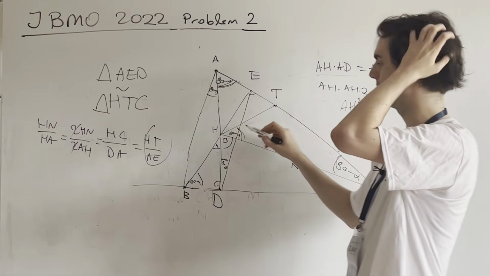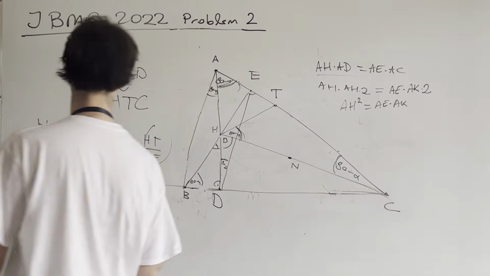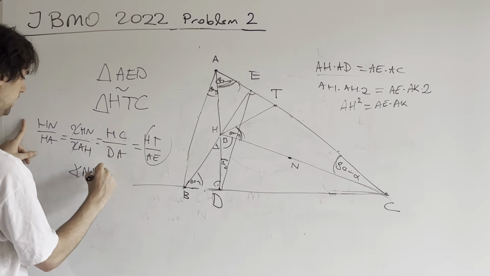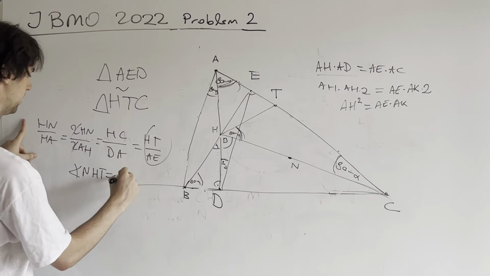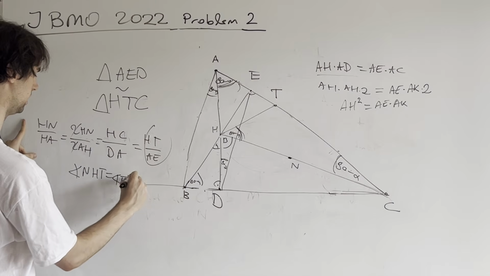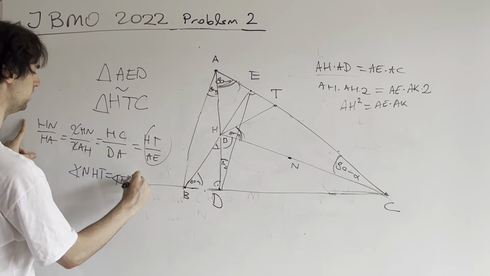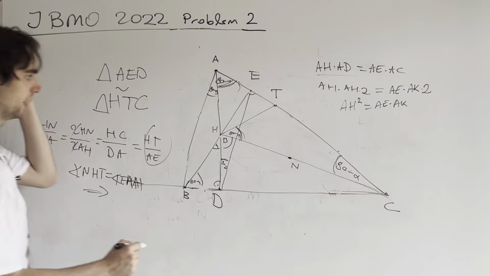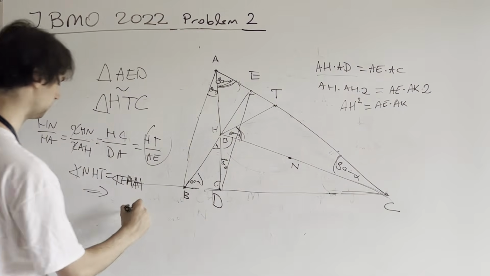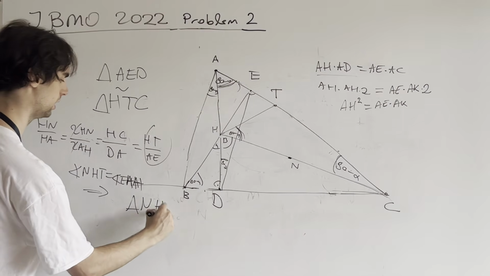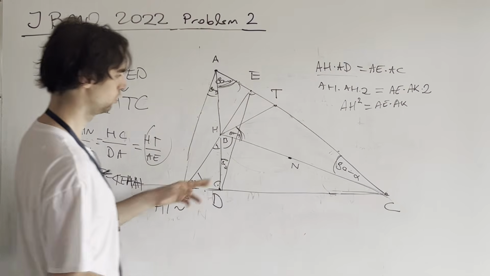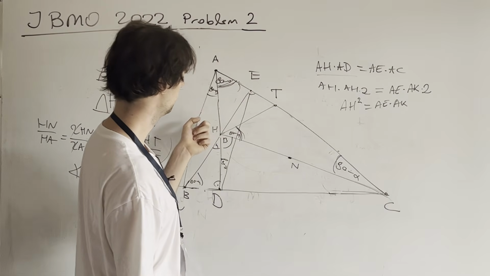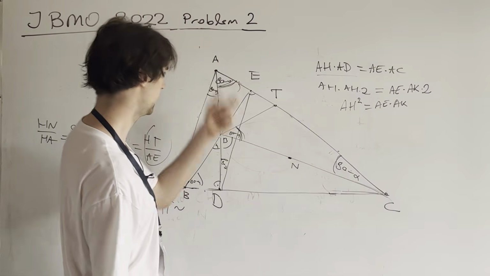Combine this with the fact that this angle is equal to this angle, the angle NHT is equal to the angle EAH. And these two combined give us that the triangle NHT is similar to HAE.